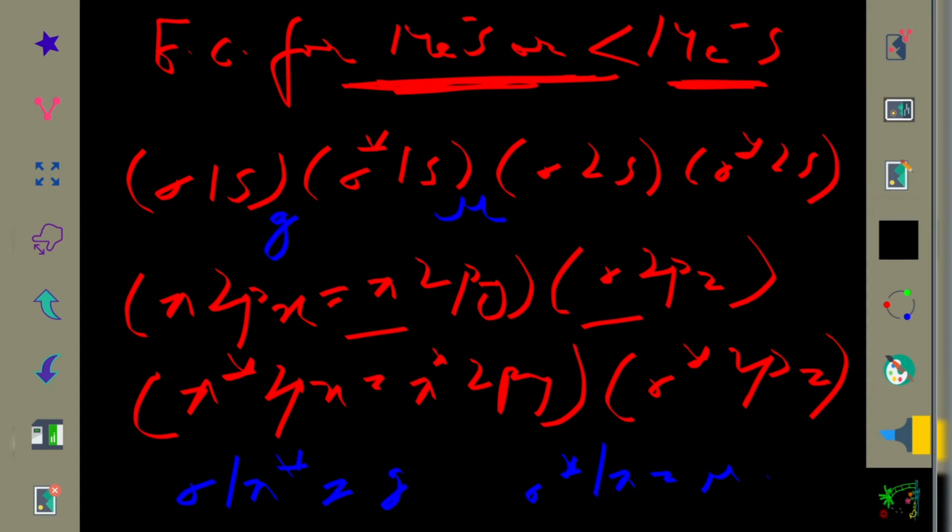Next will be ungerade. Sigma 2s will be gerade, sigma star 2s will be ungerade. Now pi bonding will be ungerade. Then sigma 2pz is gerade, pi star 2px and pi star 2py will be gerade, and sigma star 2pz will be ungerade. So this will be the symmetry of the molecule.